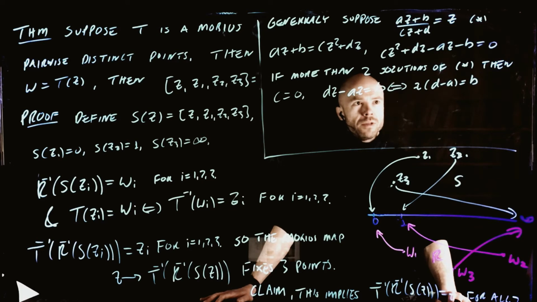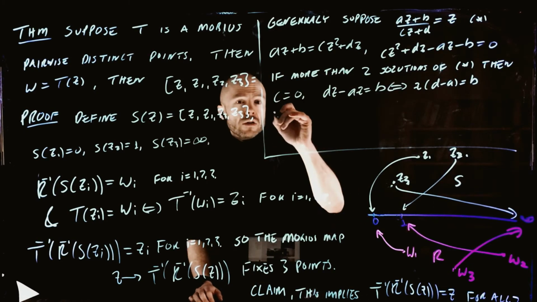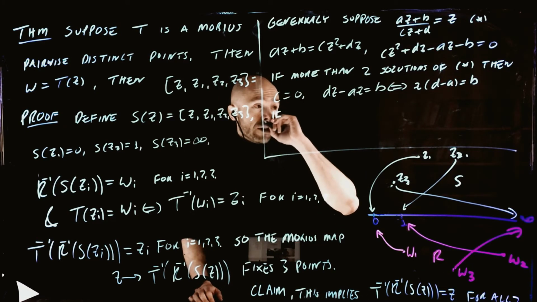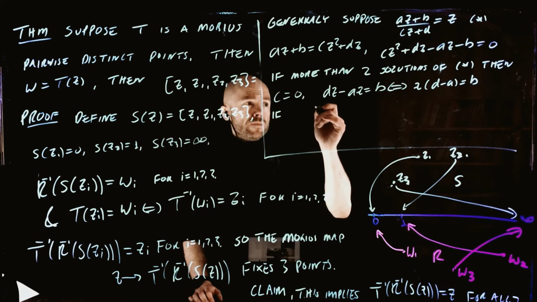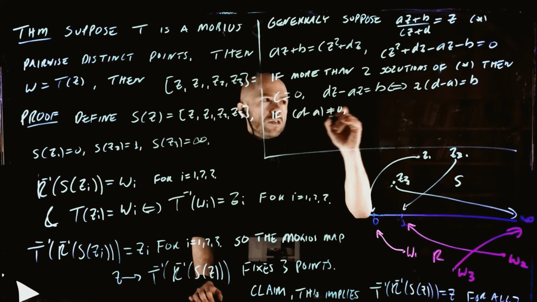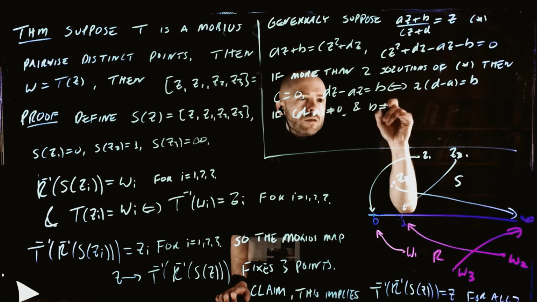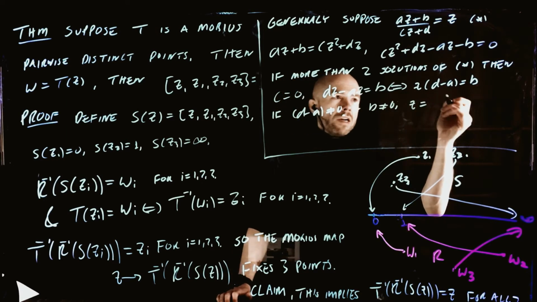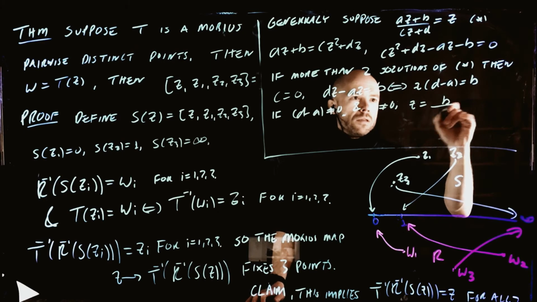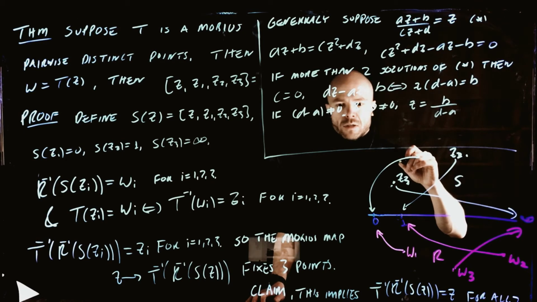No, that's not true either, because it would need the right-hand side to be equal to 0. So if d equals a and b is 0, then we would have lots of solutions of this, right? So let's do case by case. If d - a is not equal to 0, then there's just one solution, and we just write it explicitly down, right? So that's impossible, yeah?